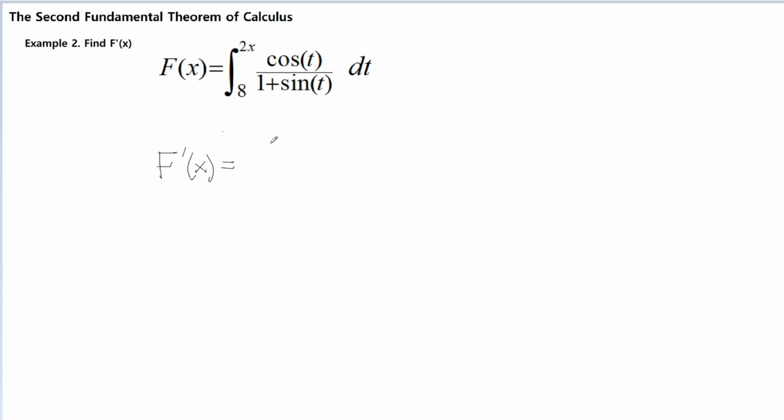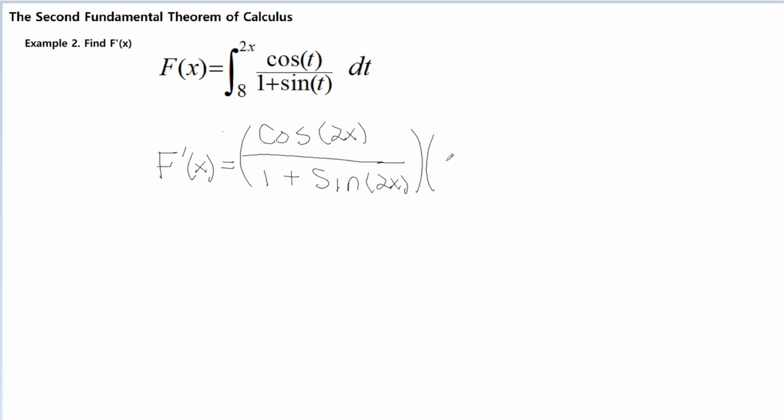So if you apply the second fundamental theorem of calculus, you're going to get the derivative is equal to the composite function of 2x going into this function, which is cosine of 2x over 1 plus sine of 2x, multiplied by the derivative of the upper limit.